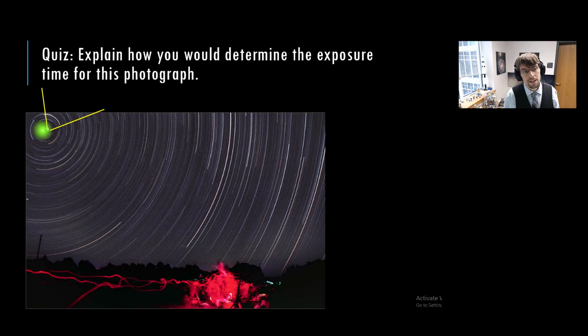It's less than 90, it's greater than 45. And if we want to get the exposure time, we know the Earth rotates at 15 degrees an hour. If I have 75 degrees, I can set up a proportion, and I get roughly 5 hours. Next question.